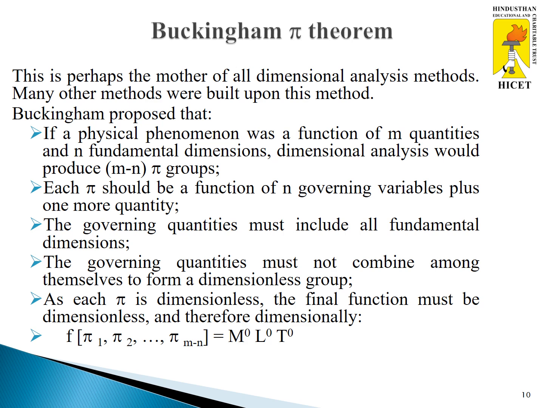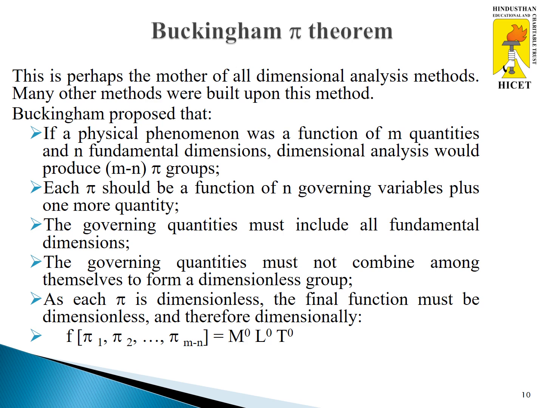Then next we move on to Buckingham pi theorem. This is perhaps the mother of all dimensional analysis methods. Buckingham proposed that if a physical phenomenon was a function of m quantities and n fundamental dimensions, the dimensional analysis would produce m minus n pi groups. Each pi should be a function of n governing variables plus one more quantity.